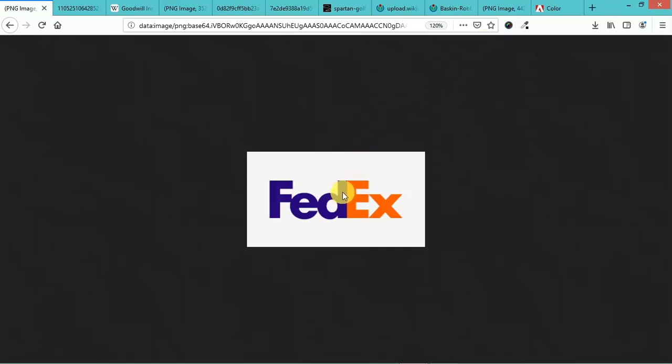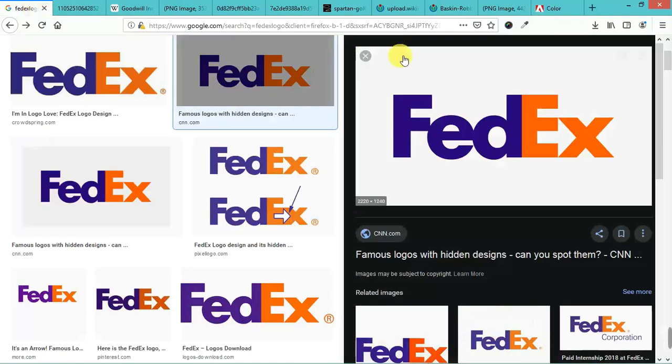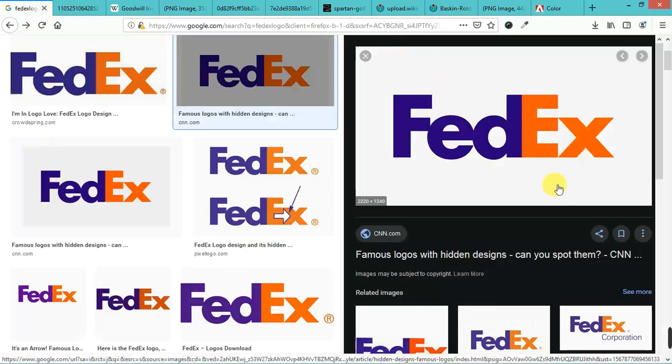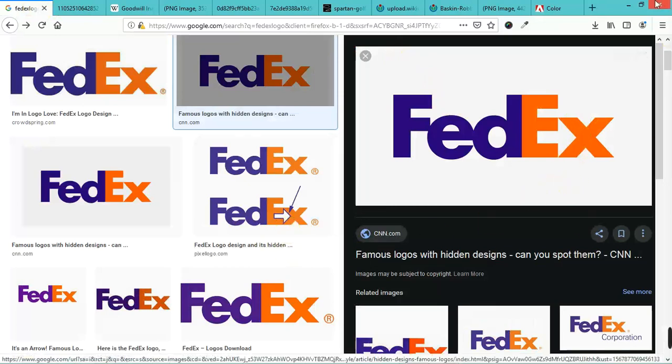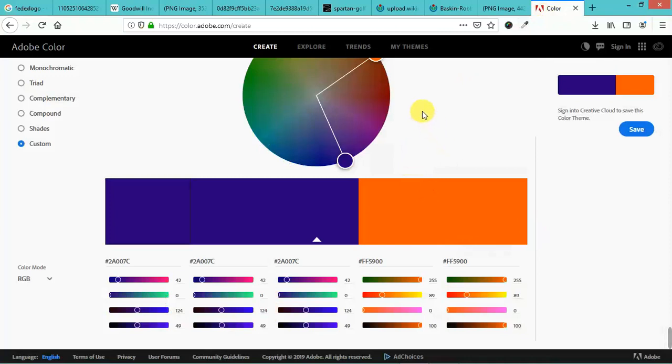Let's see if I can even pick this color. So yeah, a lot of people talk about the negative space arrow. One thing I want to look at too is the actual color, the purple and the orange. As you can see, they're kind of complementary to each other on the color spectrum. They're not polar opposites, but they are pretty close.